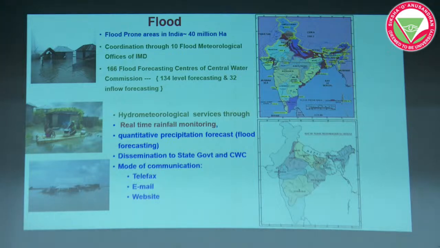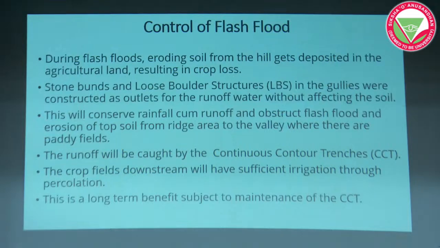So we have to think more about how flood can be controlled, and also flash floods in Meghalaya and Bangladesh. We have developed what kind of system should be there so that the runoff can be minimized, put into the watershed system, and that water can be reinvested into farming.